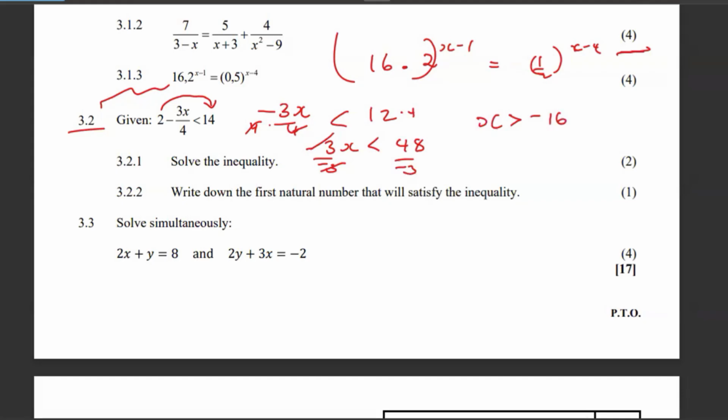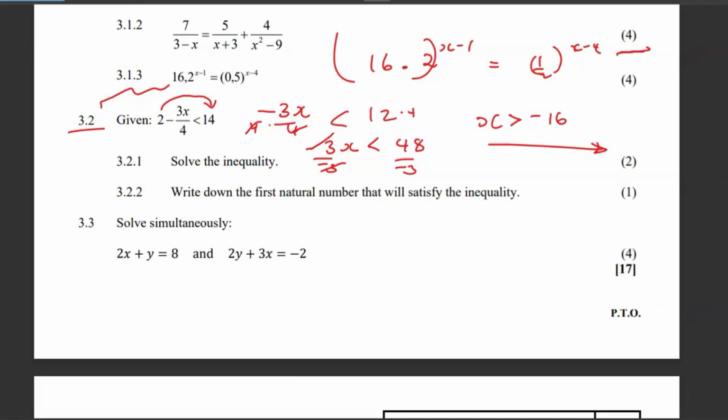Please just confirm with me what is 48 divided by 3. Okay, 48 divided by 3. Said 48, not 45. Okay, yeah, it's 16. So if it's 16, then this is the solution that the question wants.